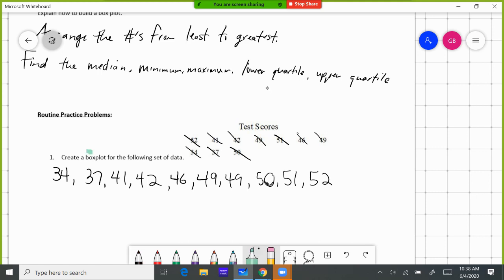Let's find the median first. So I'm going to work my way to the middle. All right, so I have two numbers in the middle.